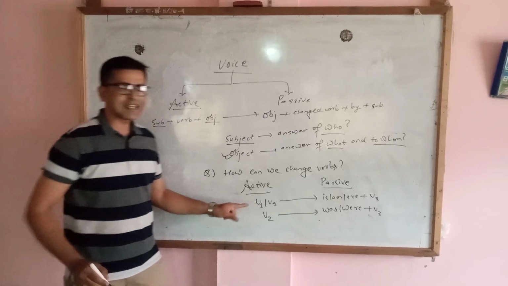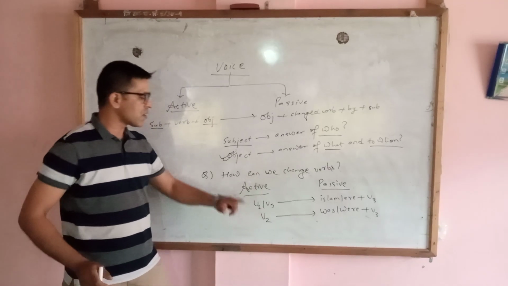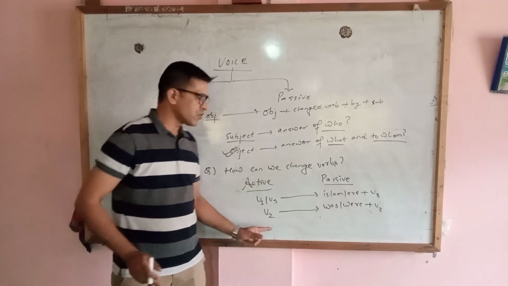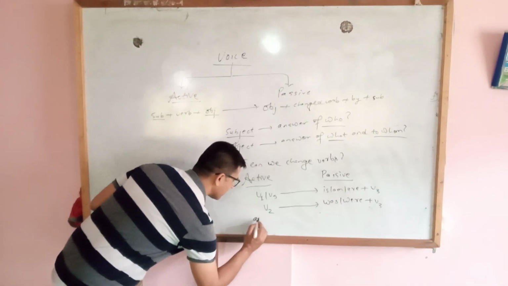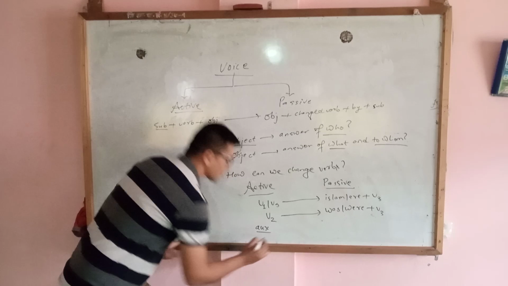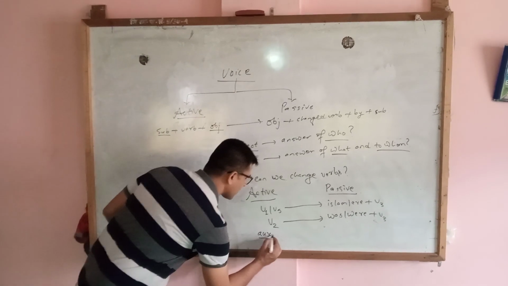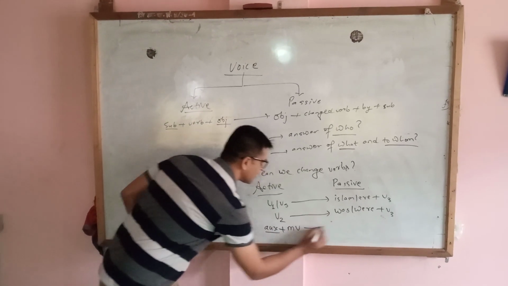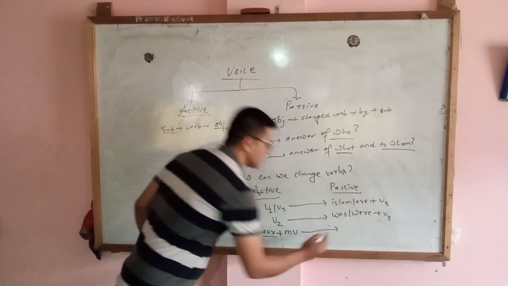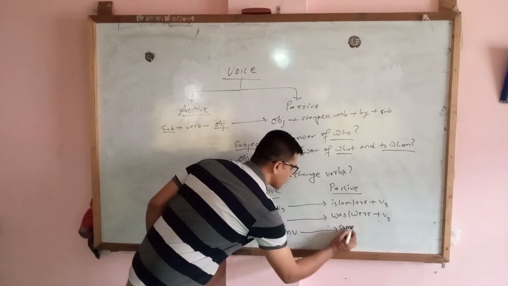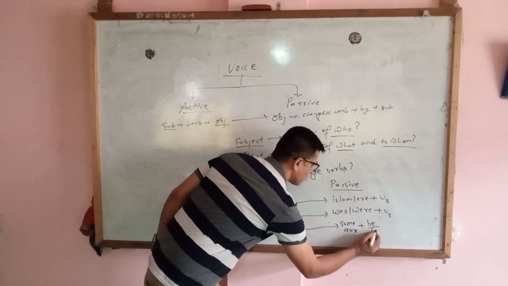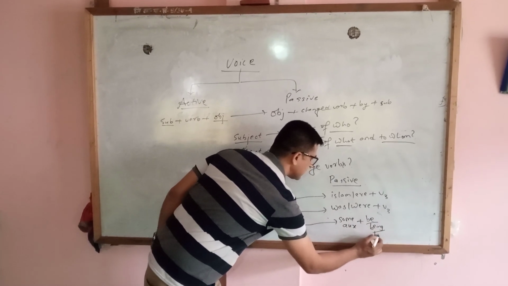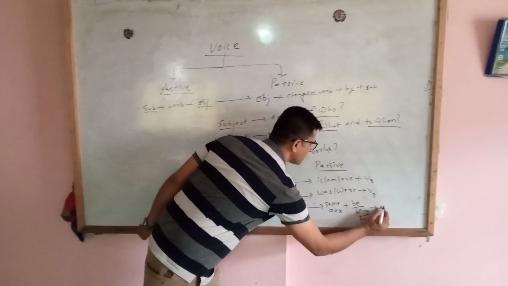And if the sentence does not have V1, V5, or V2, then there will be the case of auxiliary verb. Dear student, I can write auxiliary verb in short form AUX only, plus main verb MV. Then we have to change it into same auxiliary plus be, been plus V3.